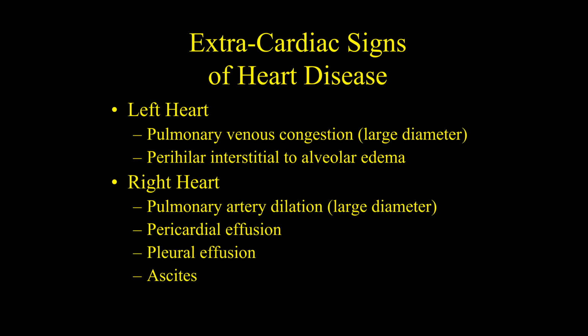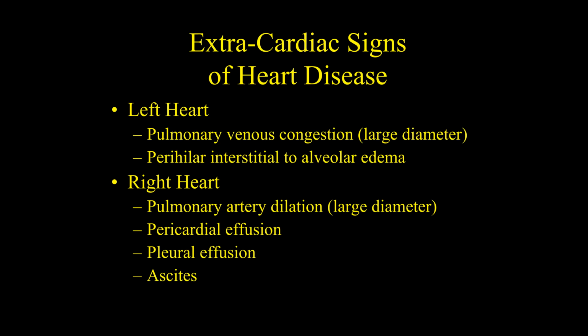Okay, extra cardiac signs of heart disease. If you remember from physiology, you probably learned that when the left heart tends to fail, you get sequela to that. So what can you see that would tell you a dog is in left heart failure? For the most part, blood then can't get back into the left side of the heart. So you start to get pulmonary veins that are dilated.